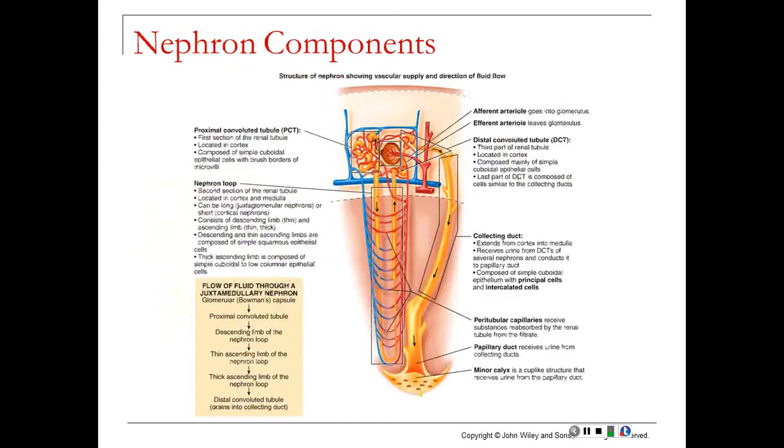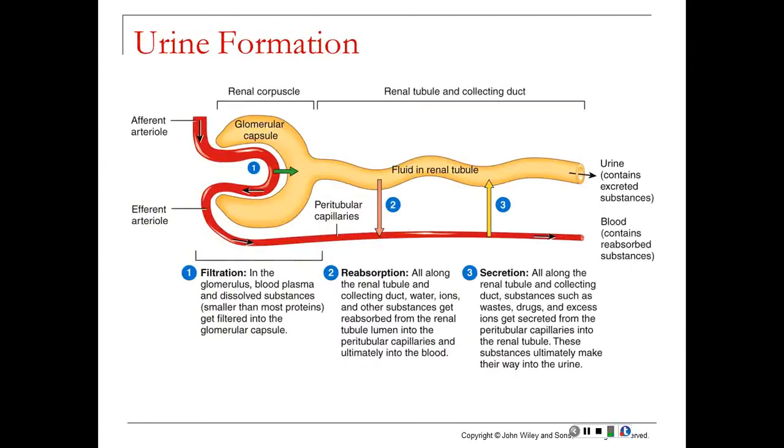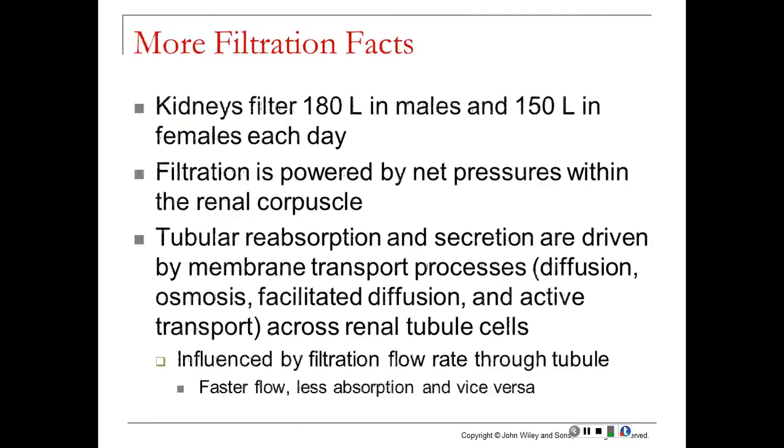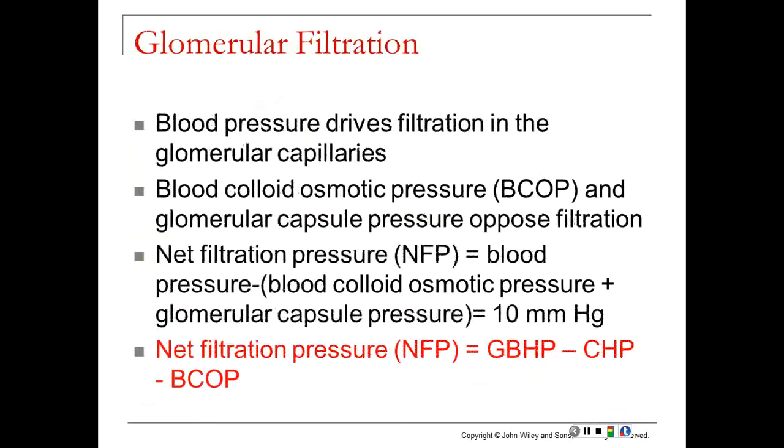We're continuing with our discussion of glomerular filtration and the process of urine formation, and we were talking about different types of pressures. One including the net filtration pressure. Really, this equation here that's in red, the net filtration pressure, NFP, that's the most important equation that you need to understand. Notice I said understand.